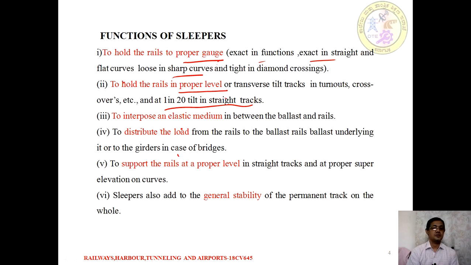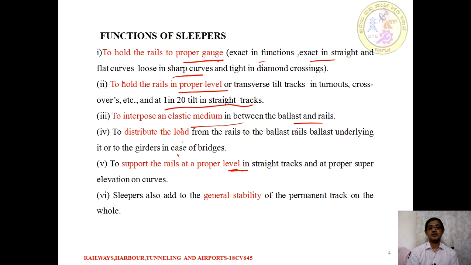One more function is to interpose an elastic media. In between the ballast and the rail, the sleepers act to distribute the load from the rail to the ballast, and from the ballast to the underlying formation or to the girders in case of bridges. So, it is a load transfer mechanism to support the rails at a proper level.